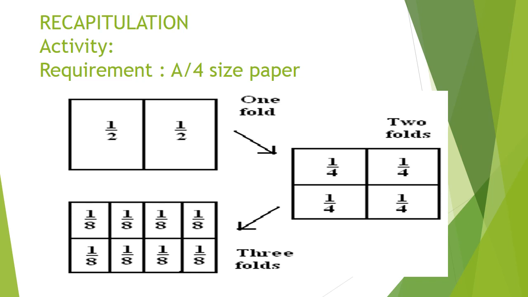Then you will have quarters. Each part will be representing 1/4. And then you will fold in 3 folds, then you can get 1/8. And like this, you can understand fraction, that fraction is nothing but part of a whole. Okay?